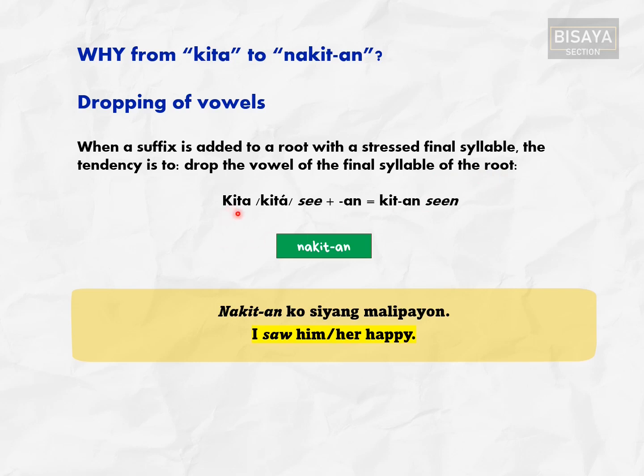So here's our root, and the stress is at the final syllable. So we will add an as the suffix, drop the a, so it will be kitan. That's why this is the form of the word nakitan.